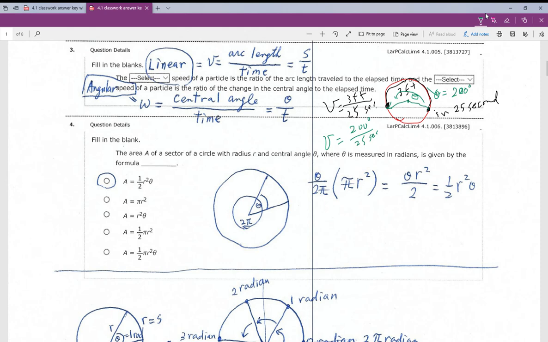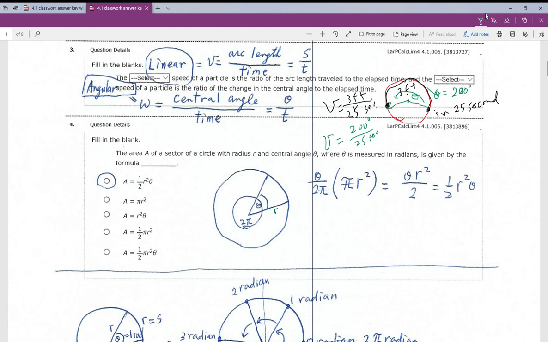Number 4, the area. So today we are going to learn so many formulas. The area of a sector of a circle with radius r. So say this radius is r, and the central angle is theta.